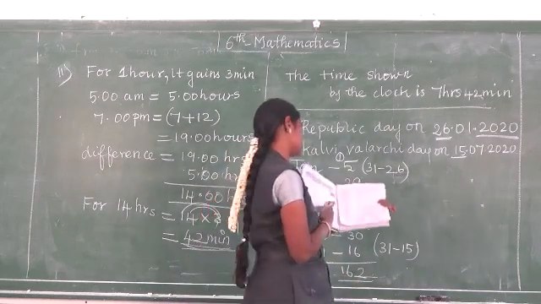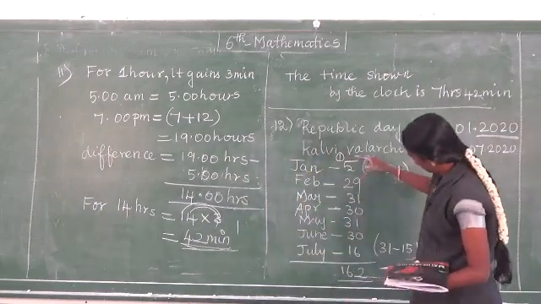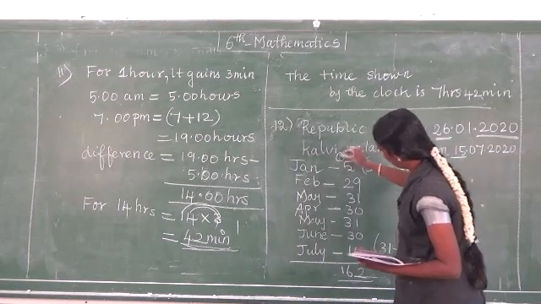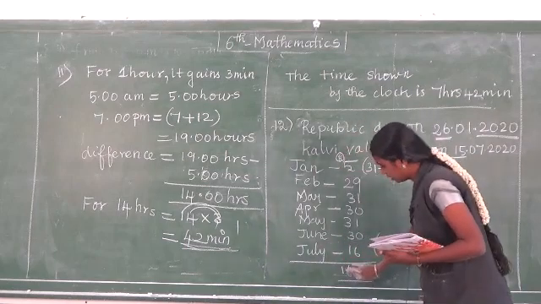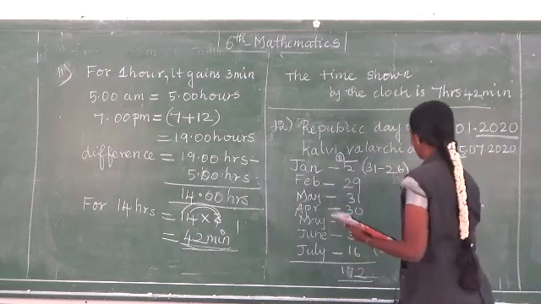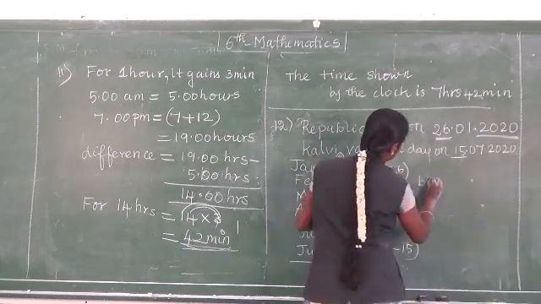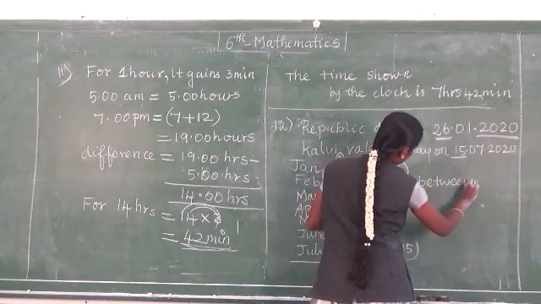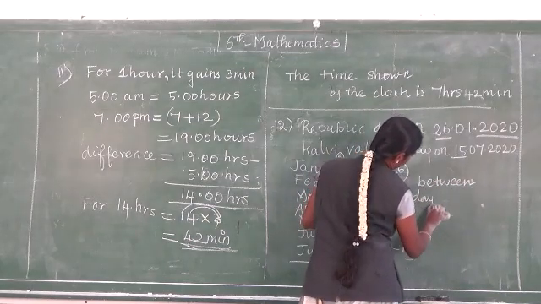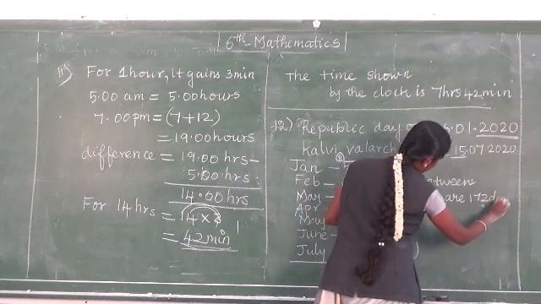So the answer is, sorry, 1 minute. Here 172 days. Between days are 172 days.